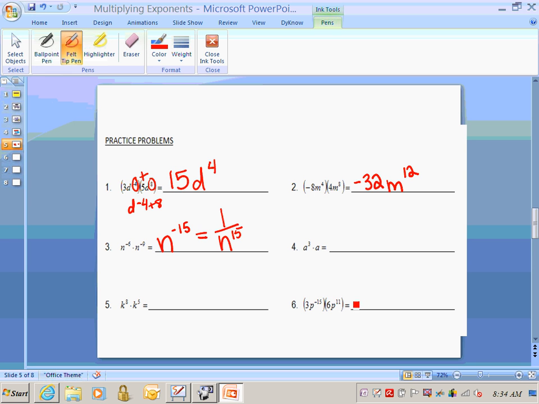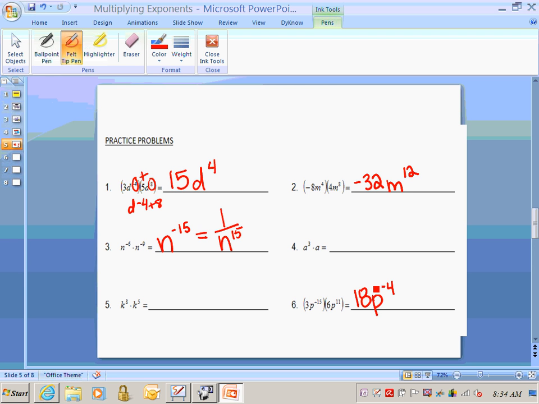Let's look at 6. What do I have? Oh, wait, if it's negative, you have to flip it, right? Negative exponent. Number 6, what do I have? 18 p to the negative 4.